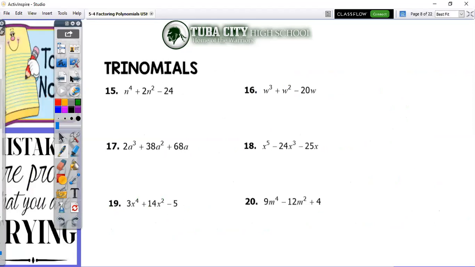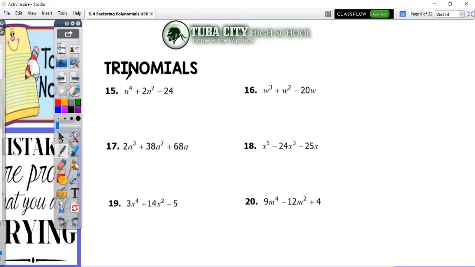So trinomials, this one should hopefully be easier because we've already covered trinomials, but this is a lot to throw out in one day. Let's see what the homework looks like on this. Okay, I guess we'll just keep going.